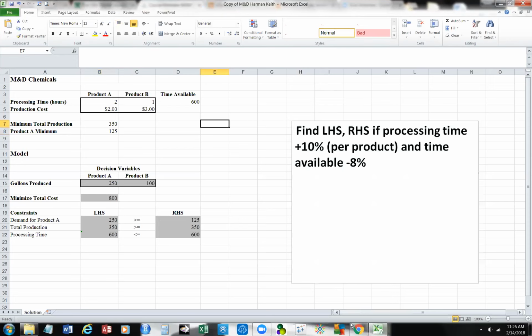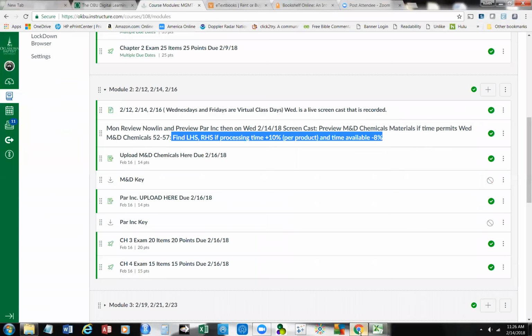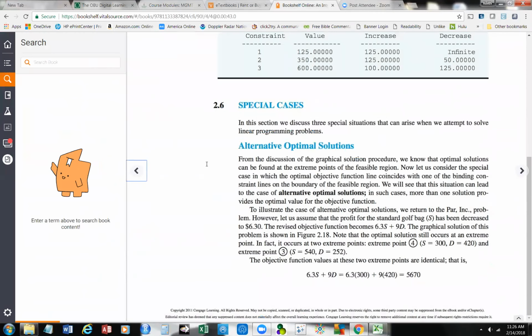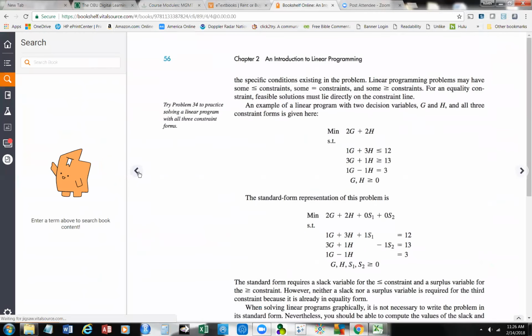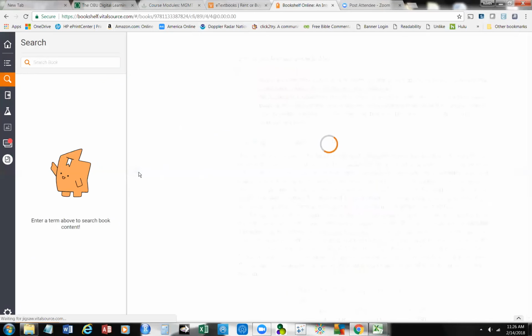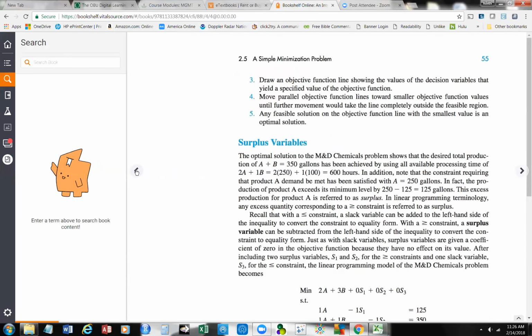I don't remember if the text talks about them being a batch producer or not, to be honest with you. If they are, we'll go back to the textbook here for just a second, and we'll take a look at it and see if the authors tell us.